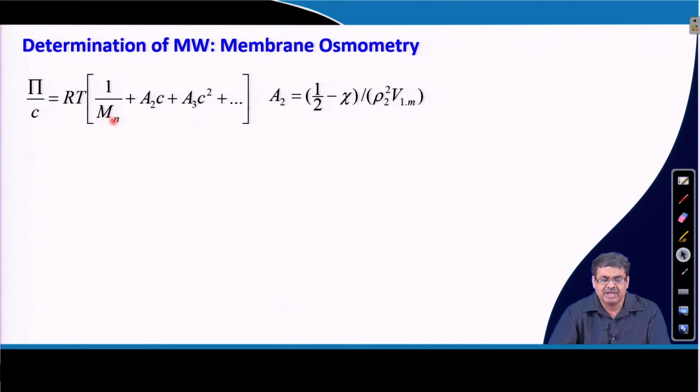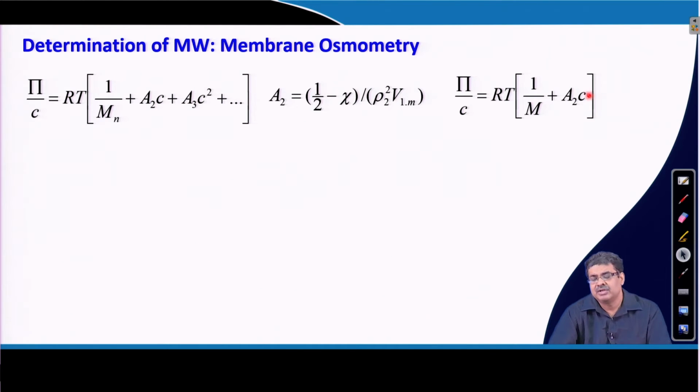So, instead of M, now we are putting Mn and we have seen this expression. So, now we can basically plot this pi by C with several polymer solutions of different concentration, and then plot pi by C with respect to C, then we can get a straight line.